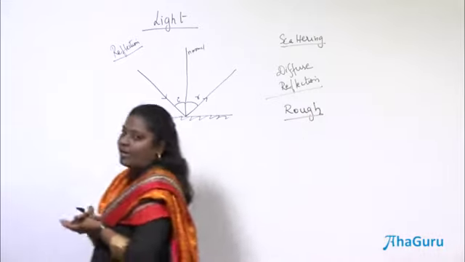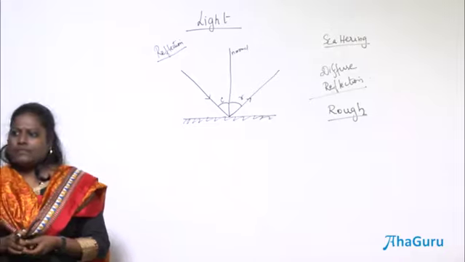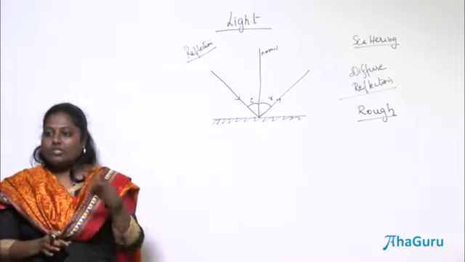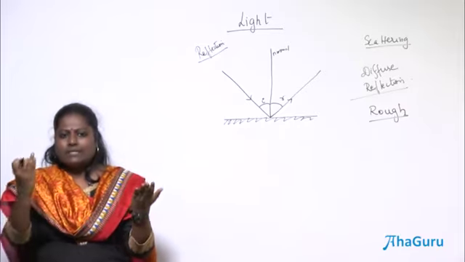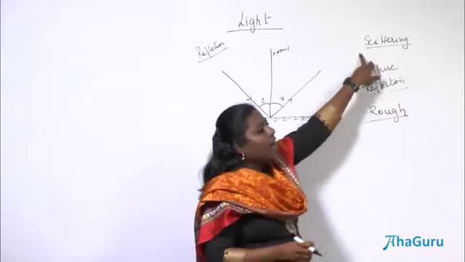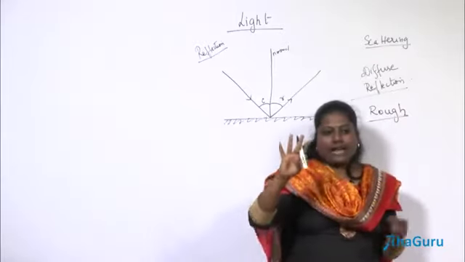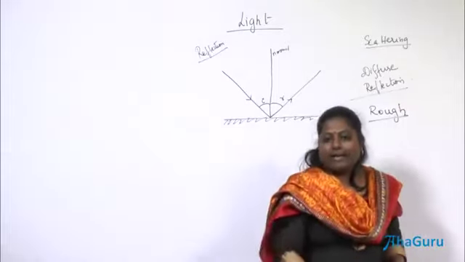What do you generally see? Only mirrors are polished. You don't have many other things that are polished. Plates may be polished, metal balls may be polished, but will it be exactly the same as a mirror? No. So scattering happens with all objects. For example, this does scattering, I do scattering, this table does scattering, everything does scattering.